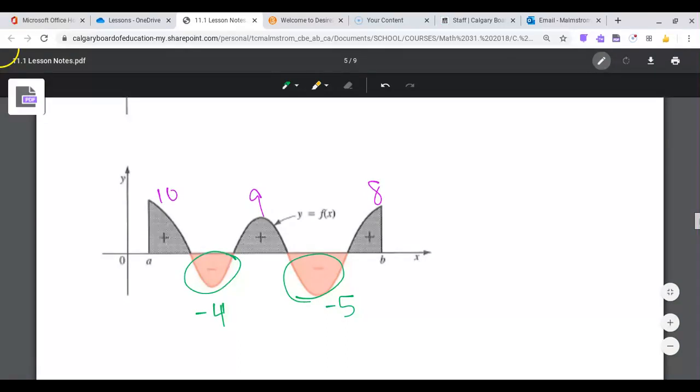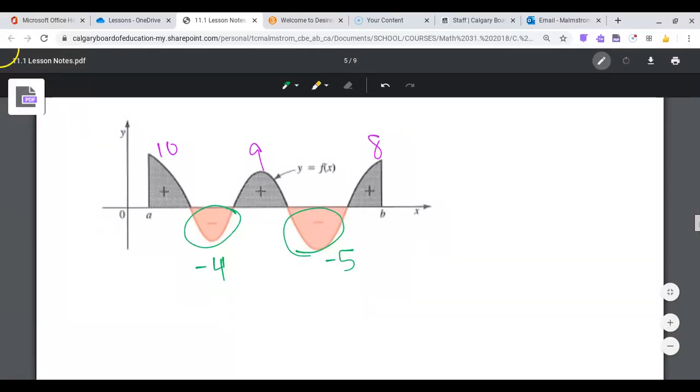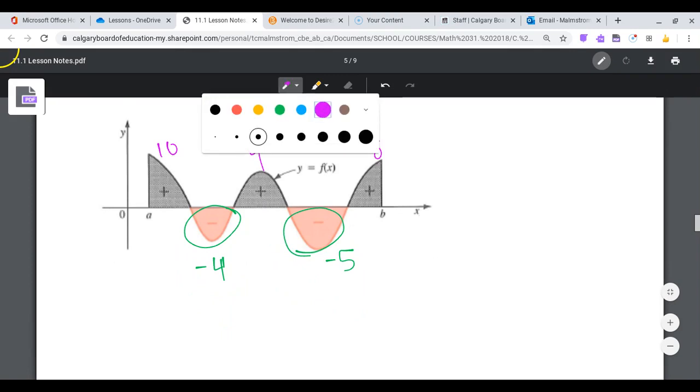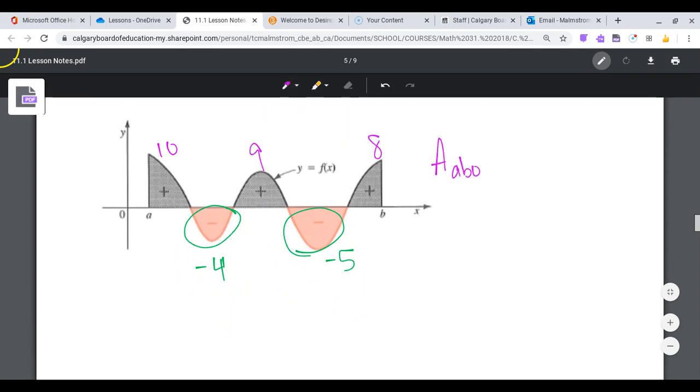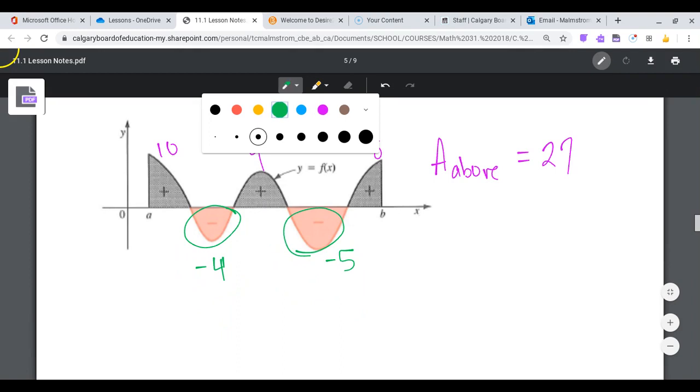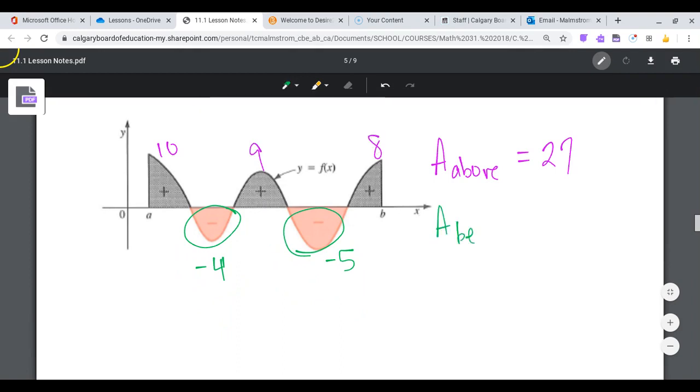So to answer the area question, we would have said the area above would be 10 plus 9 plus 8, which is 27. And then we would have calculated the area below, and added those two numbers together.